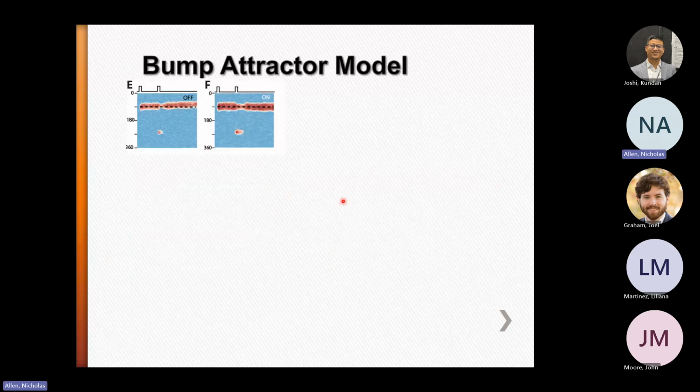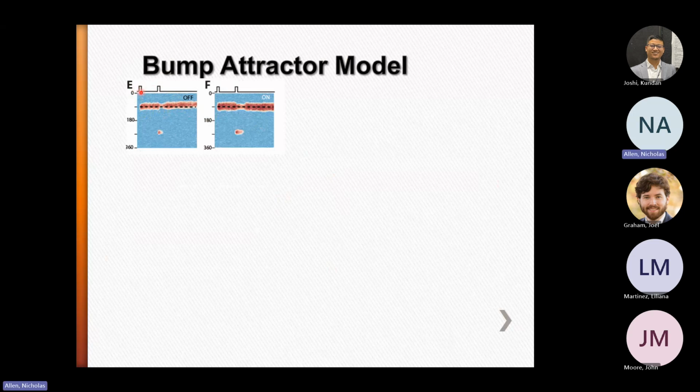So we again tried to interpret that. We went back to our model and asked how our model would behave. Results are shown here. This is the off condition. There is no stimulation. Stimulation is off.